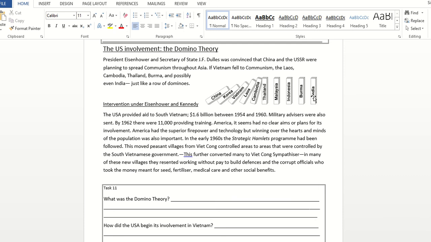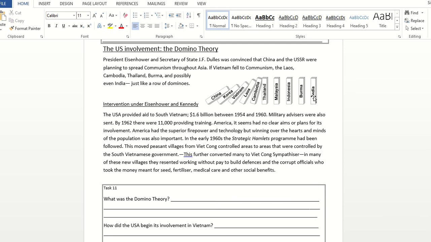This was essentially a programme to move entire villages from areas controlled by the Vietcong to areas controlled by the South Vietnamese, literally moving houses. The idea was to take them away from the influence of the Vietcong, and that was really important.